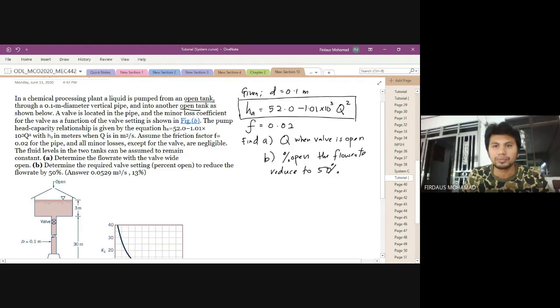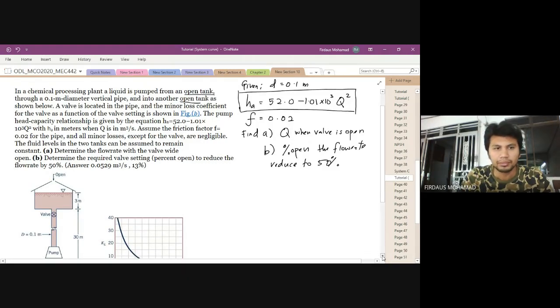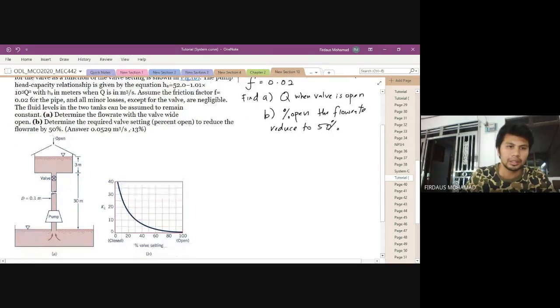Now, based on this system, we may come out with our own system equation. So how to come out with the system equation?